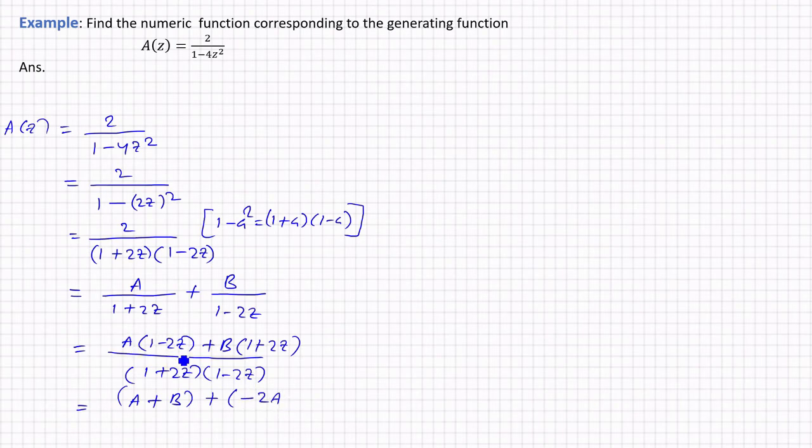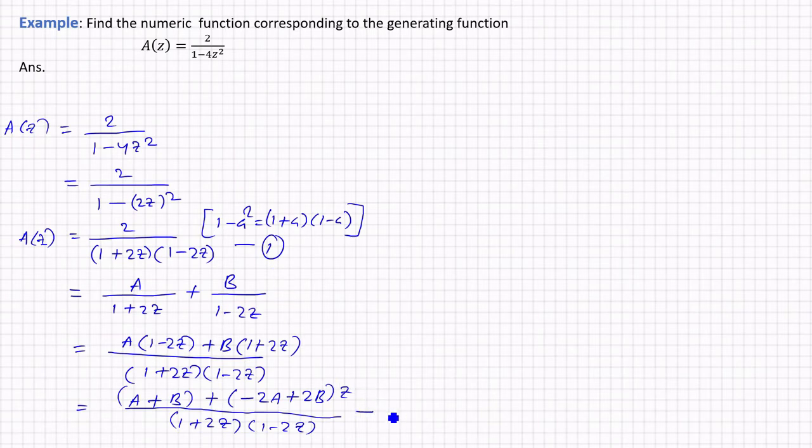This one is a into minus 2 is minus 2a, plus b into 2 is 2b, plus 2b into z, divided by 1 plus 2z into 1 minus 2z. So let's suppose this is A(z) and this is equation 1. Now let's suppose it is equation 2, it is also A(z).